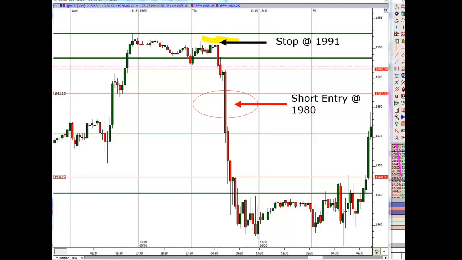You are working in tandem with the auction, flowing with market activity. You have to have risk management in place, and give the trade some room to breathe and maneuver. So we're short here. There's our stop, picked based on the last high, right up here. Conceivably, you could choose this high as well, but if it's only a point or so difference, not a big deal. So we continue to monitor the development of the auction.